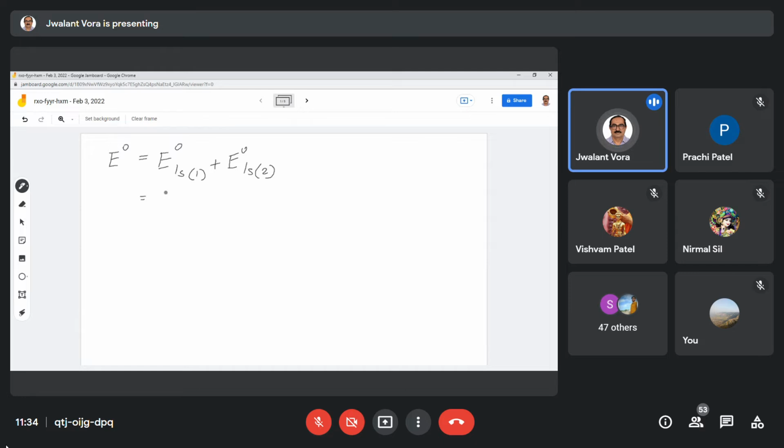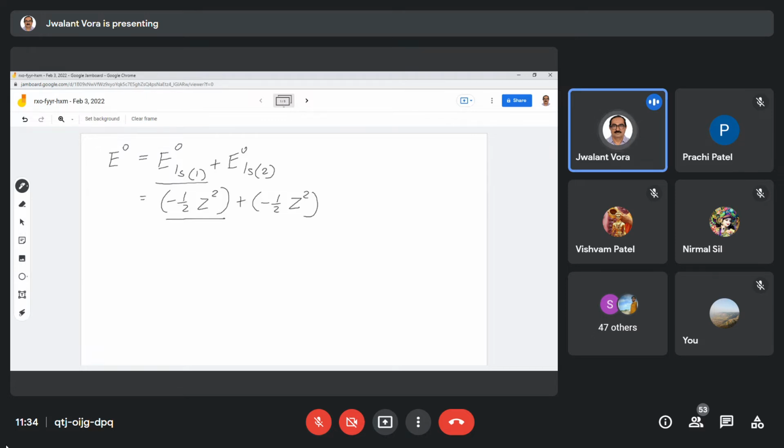This is equal to minus 1/2 Z square plus minus 1/2 Z square. Remember we proved this as minus 1/2 atomic unit, where the value of Z was equal to 1, so we didn't bother about it. But in this case the value of Z is equal to 2 for the helium atom. What is the atomic number? It is 2.